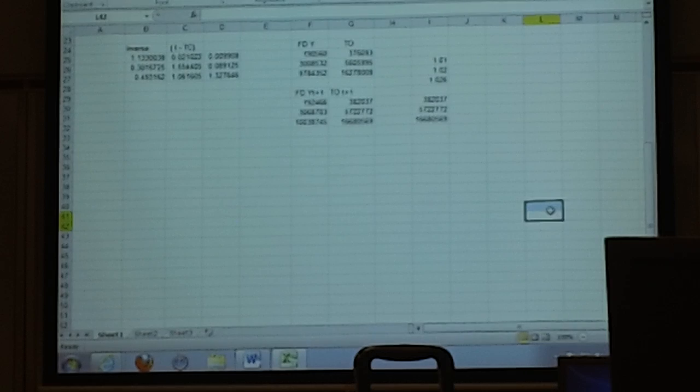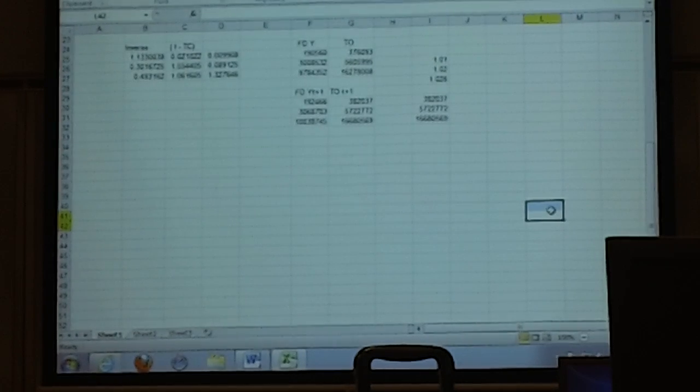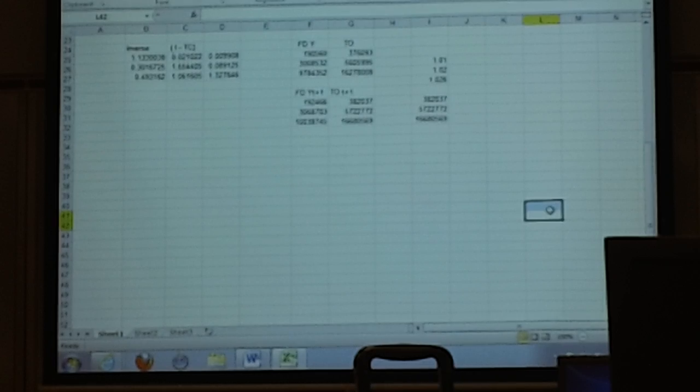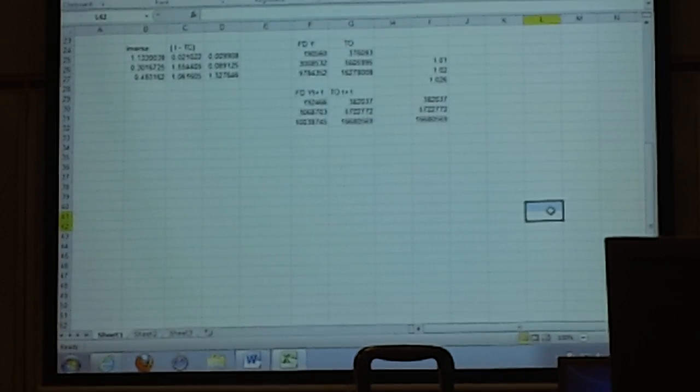So where do the FDY and TL up there come from again? So it's total output, and the FDY at C+1 is the next year up. Right? Okay. And that's specified by the model.